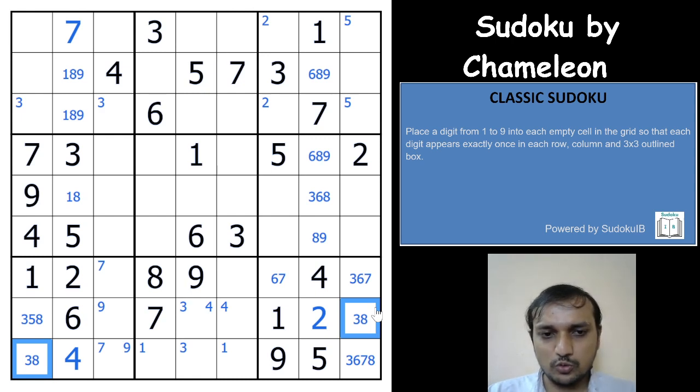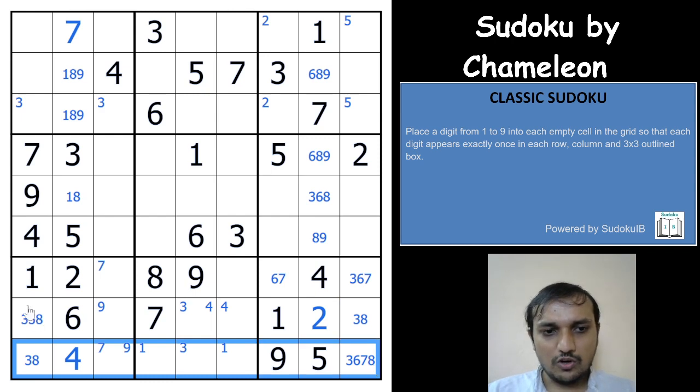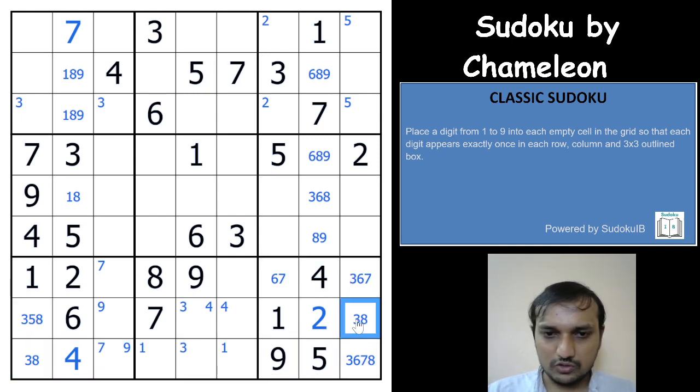If you see here, they are not in the same row, not in the same column, and not in the same box. Whenever you have such cases, I suspect a W-wing going around. So at this point the W-wing is working.